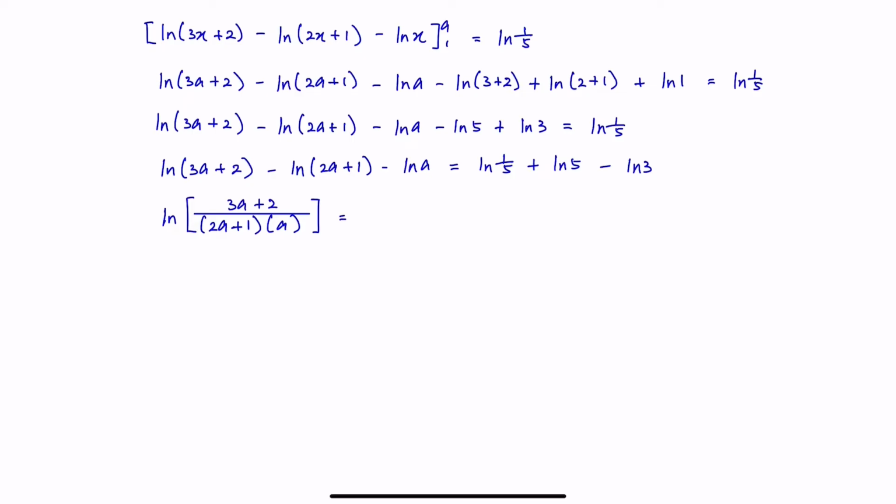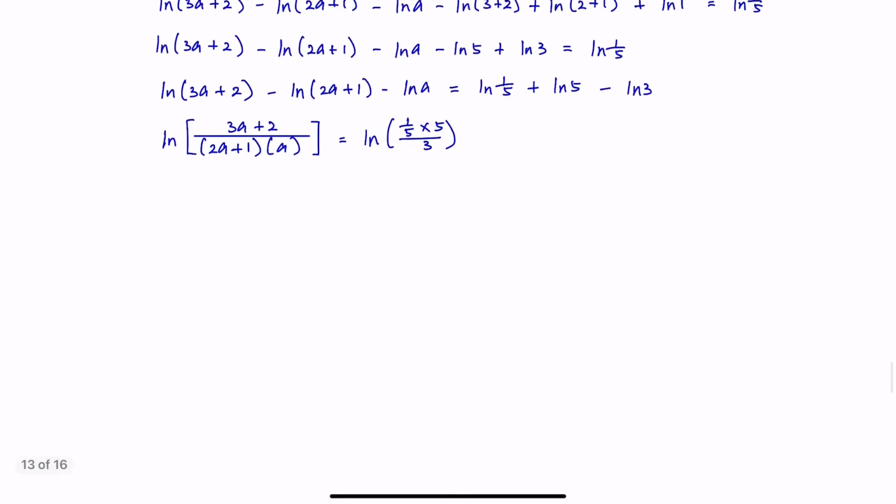And for the right side, we have ln(1/5 times 5/3). And this would give us ln((3a+2)/(a(2a+1))) equals ln(1/3).